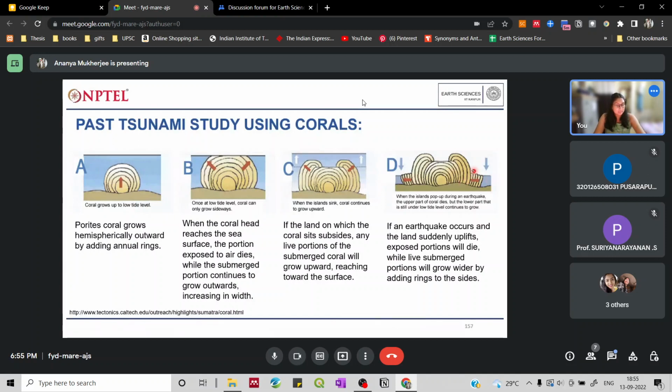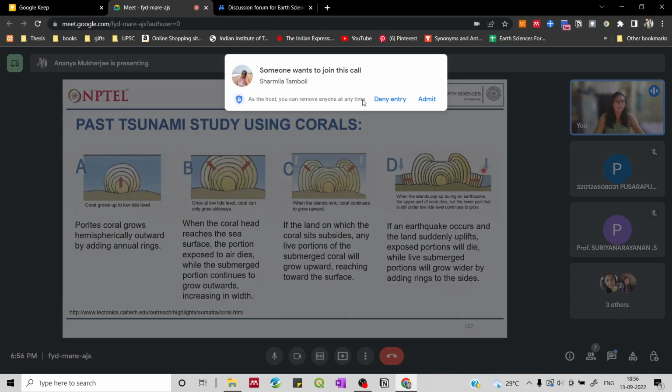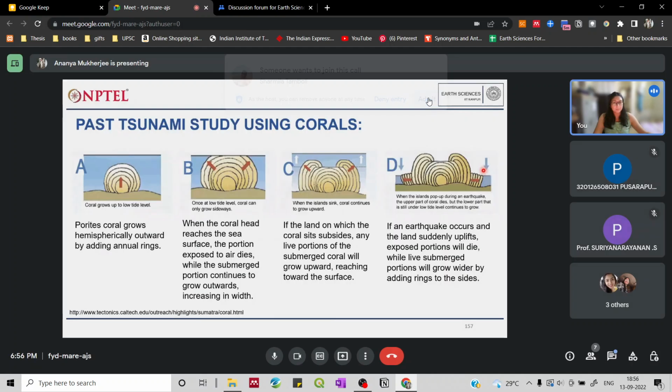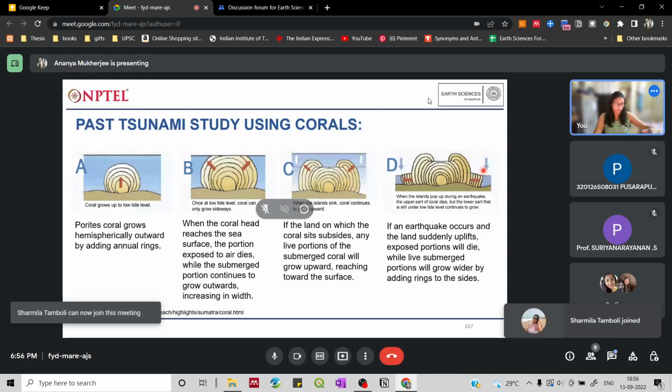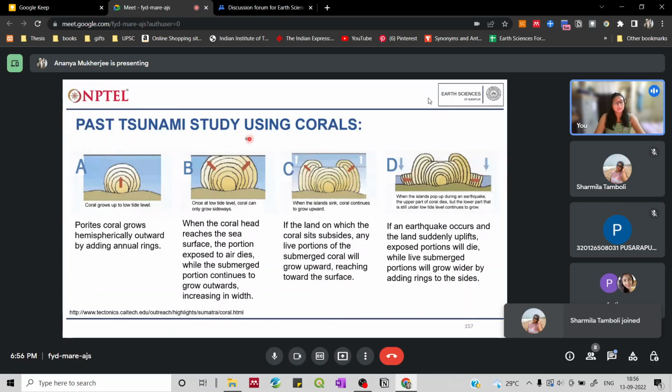So the way these corals appear can give us an indication of when the sea level rose, when the sea level dropped, and whether that area has been uplifted or has subsided. So corals are a very useful element that can help us in understanding past tsunamis, or even current tsunamis, which side has been uplifted and which has subsided.